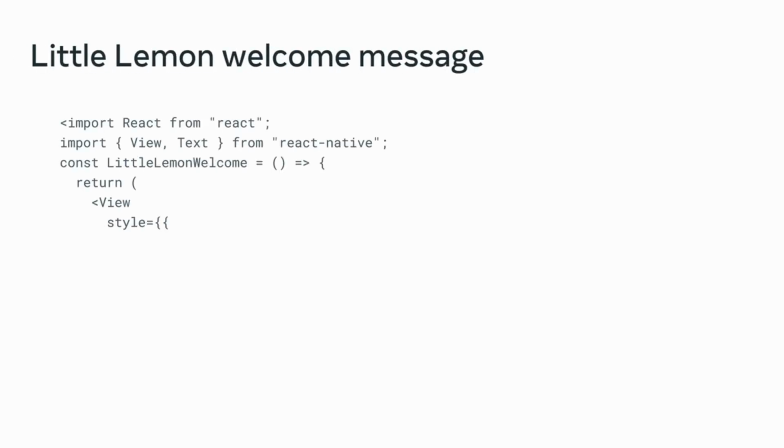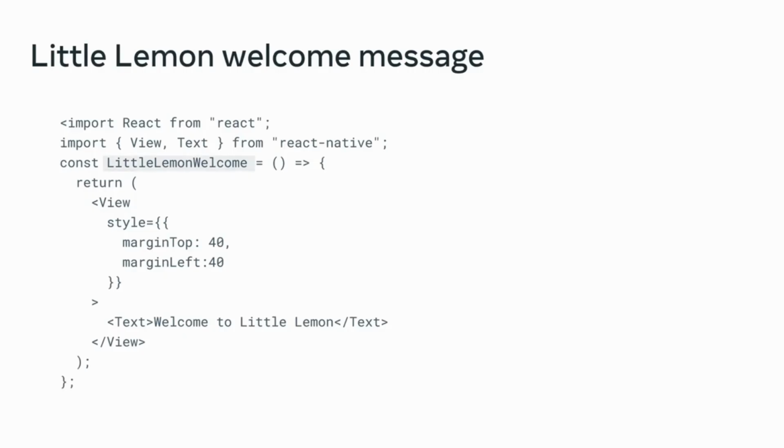Let's explore a code example with a view component, which also houses a text component. You can start by defining a React component called Little Lemon Welcome. Then, you can use both core components view and text. The view is the parent element within which the text component is rendered. The view component takes in a prop called style.